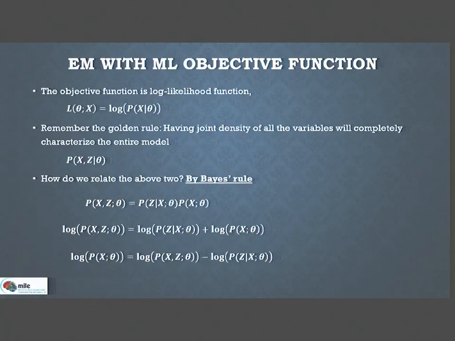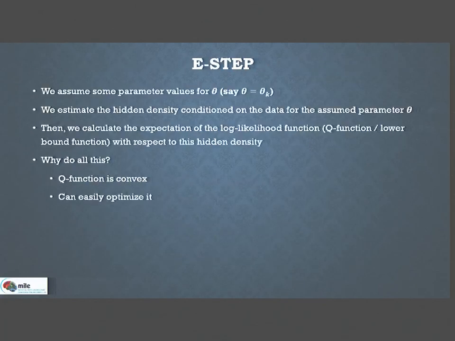So, that is why first we calculate P of x and z given theta, and from there we can proceed further. But what we actually want is to maximize this log likelihood function. So, we have to relate these two. That can be done using Bayes rule. So, I take the logarithm of that, move terms around, and you will get this term.